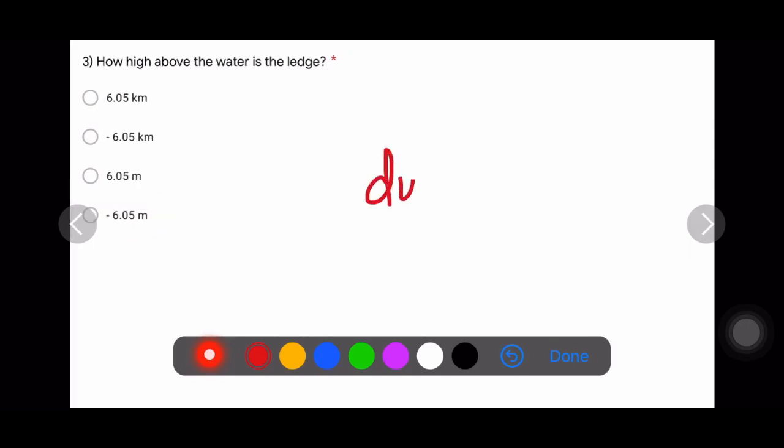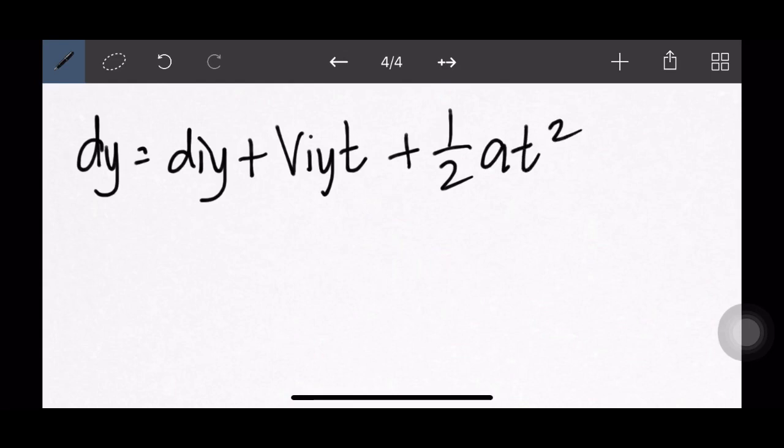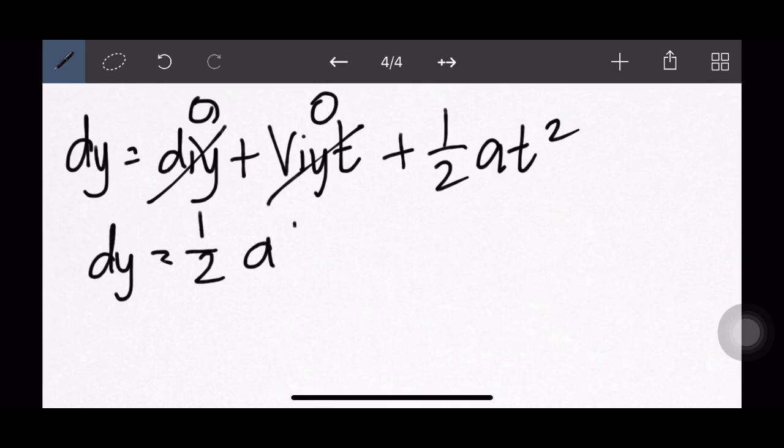So we're going to solve for the dy. So using the formula, this one. So dy, you have diy, right, plus viy t plus 1/2 at squared. So this is actually the big 4 equation in kinematics, if you can remember. Again, this will be 0 since we assume that it starts from 0. This can also be cancelled because it starts from 0 as well, the initial velocity along the y-axis. So we have here 1/2 at squared.